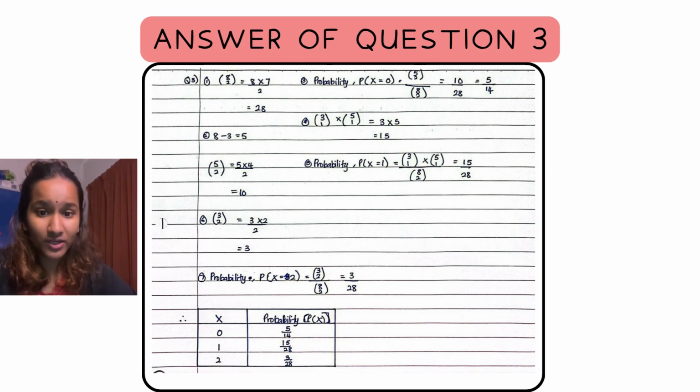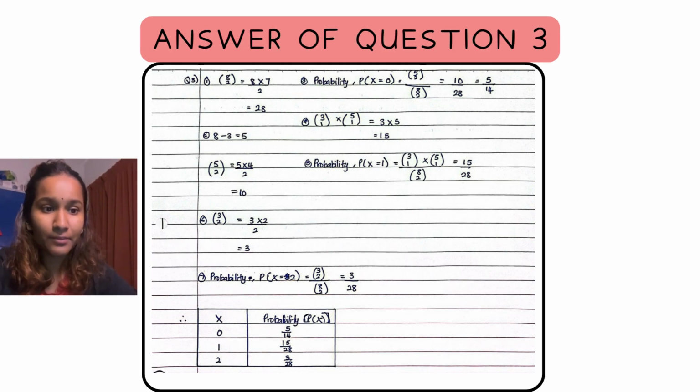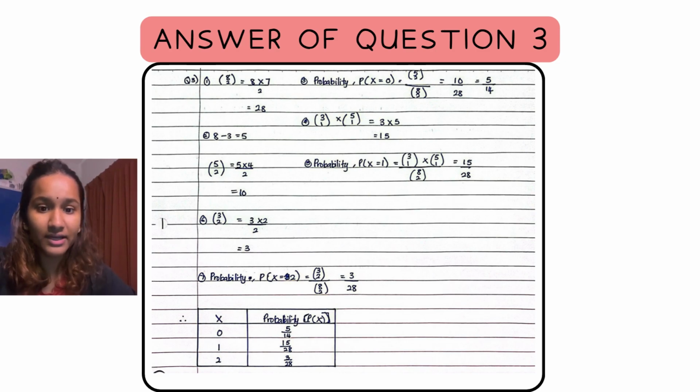The first step is to find the total number of ways to choose 2 microcomputers from 8, which will be 8 times 7 over 2, so we get 28. Next, we need to find the number of ways to choose 2 non-defective microcomputers out of 5. It will be 5 times 4 over 2, so we get 10.